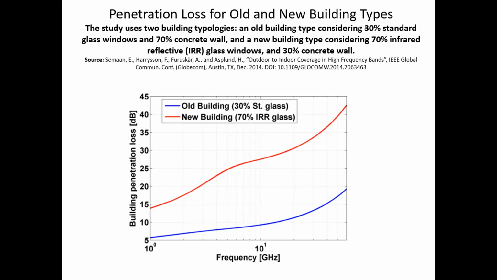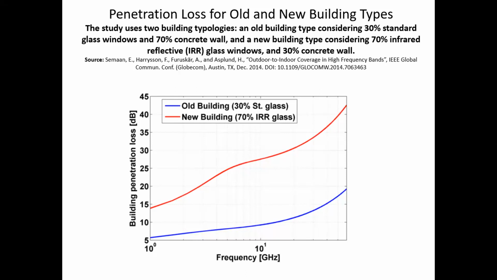So to reduce this energy loss, or I mean to reduce the electric energy consumption, the buildings are made with IR glasses, infrared reflective glasses.